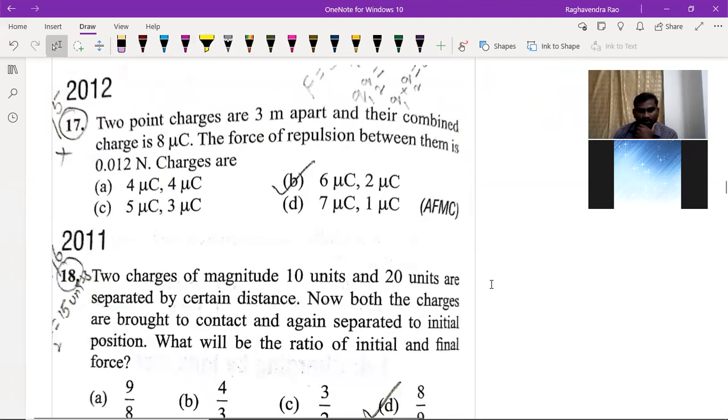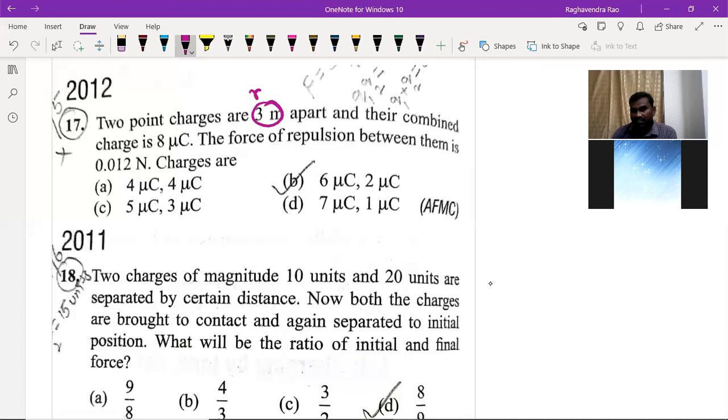Right. Next step. Two point charges are 3 meters apart and their combined charge is 8 microcoulomb. The force of repulsion between them is 0.012 Newton. The charges are... Now you see, two point charges are 3 meters apart, so the distance is given. This is the R value, 3 meters.